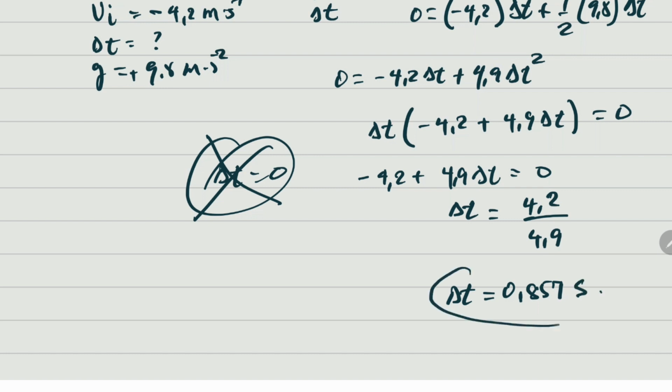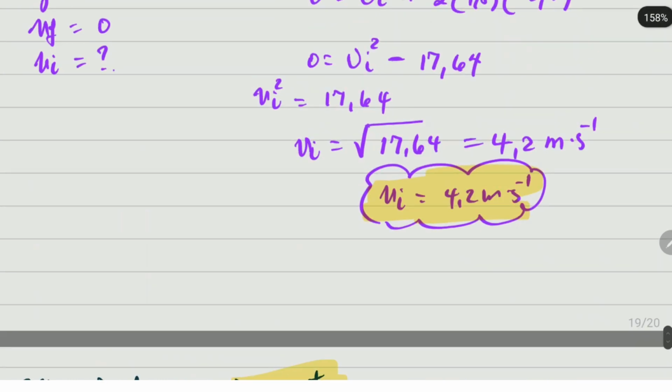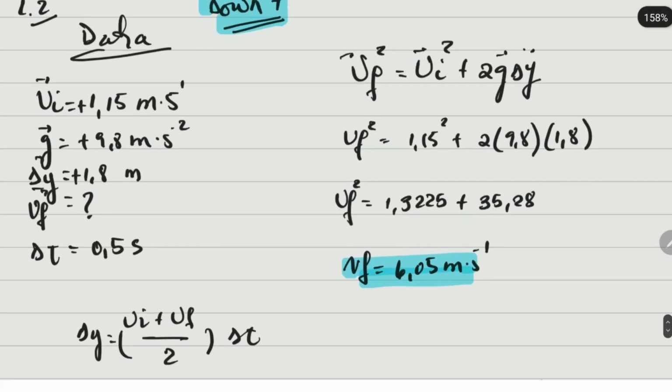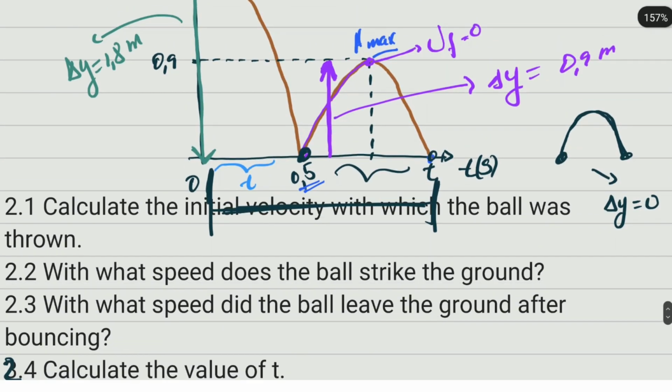Now note this time is not the t they're asking for. This is the time it takes from this point here to there. So we still have to add to that time the 0.5 seconds of the graph.